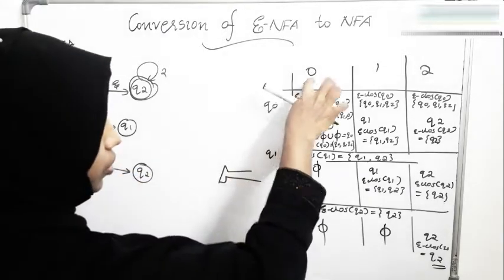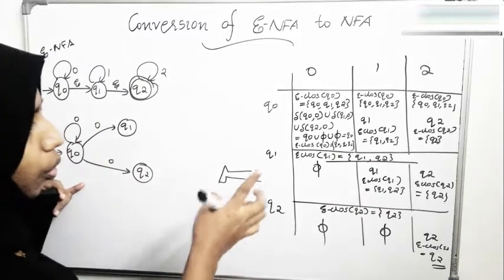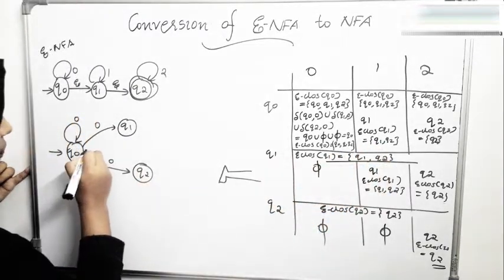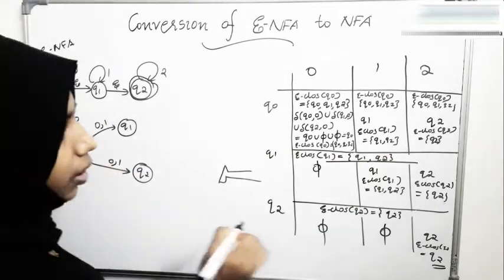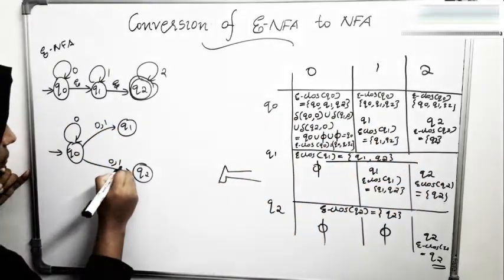And from Q0 on 1 you can go to Q1 and Q2. Now from Q0 on 2 you can go to Q2.